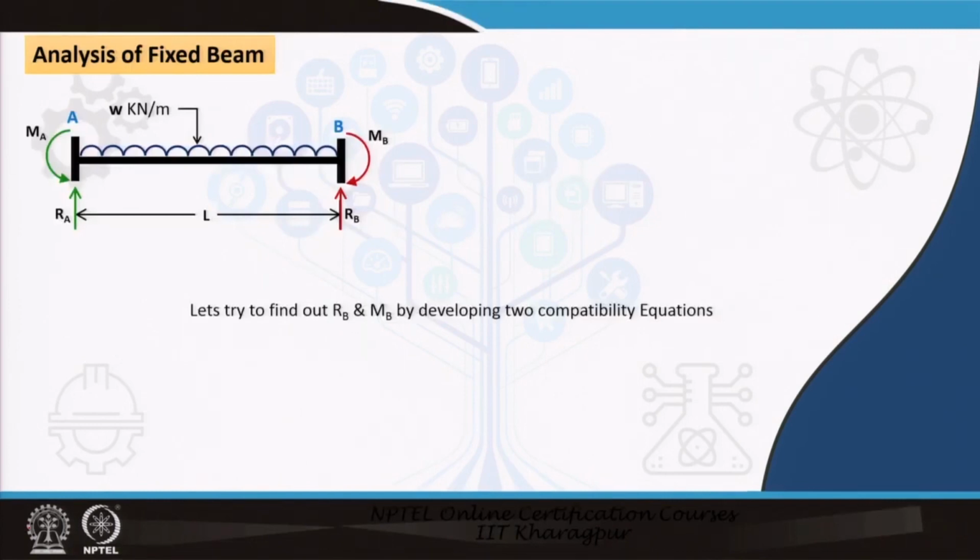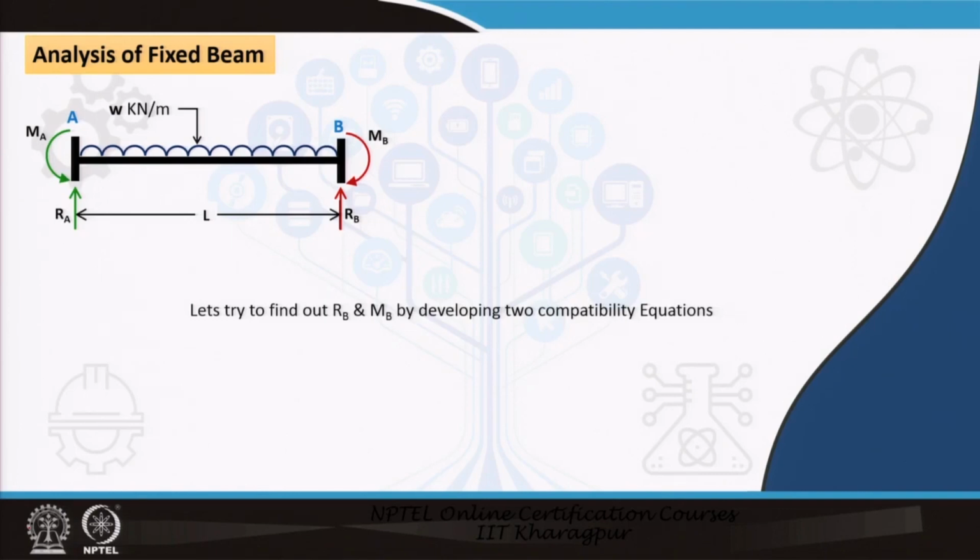So, first we will take up a fixed beam, from where we will start the discussion of the deflected shape and the BMD of a continuous or a fixed beam. Actually, all of those come under the category of the indeterminate beam.